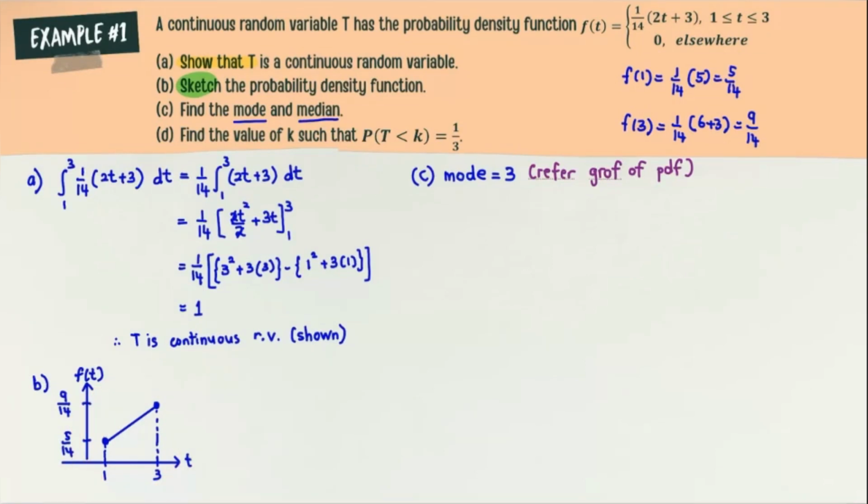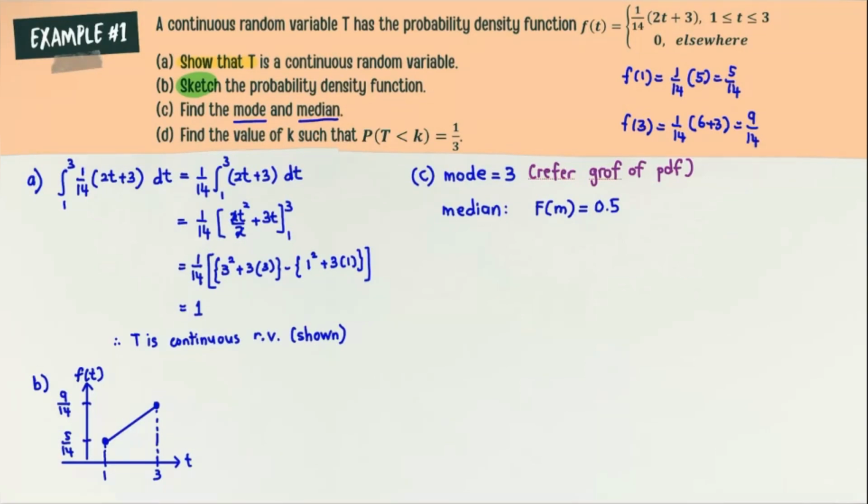Now, how to find median? Okay, untuk dapatkan median, median adalah apabila F of m is equals to 0.5. Okay, so F of m itu apa?